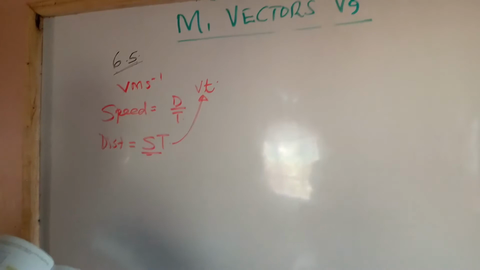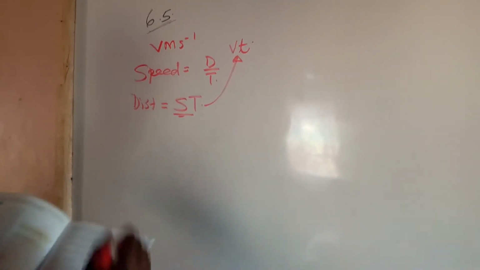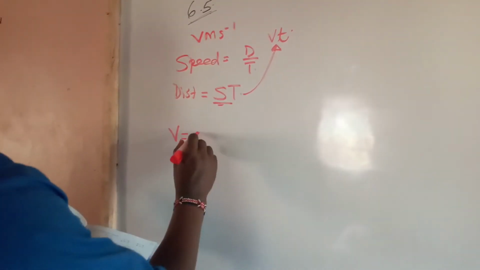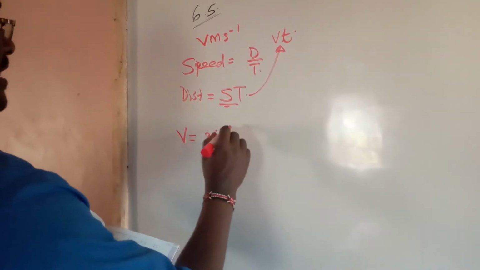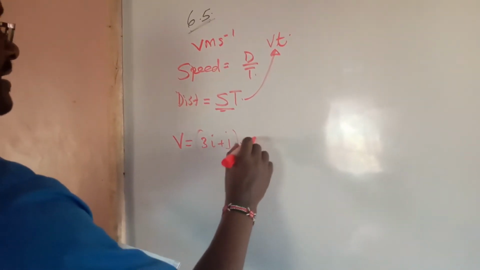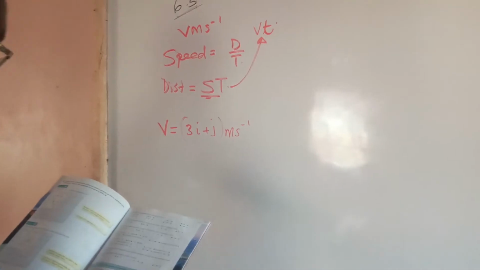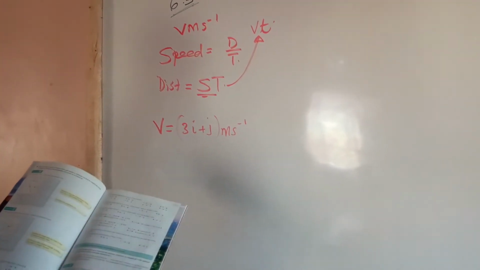We are told that a particle is moving with constant velocity, velocity is 3i plus j meters per second. Find A, the speed of the particle.